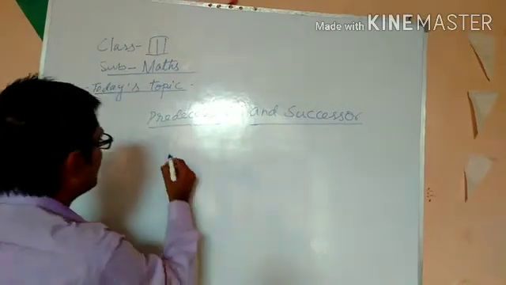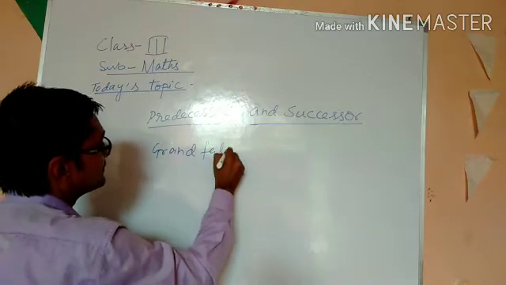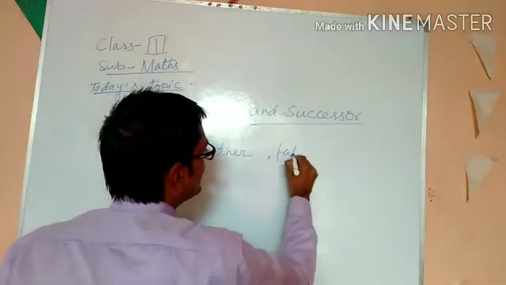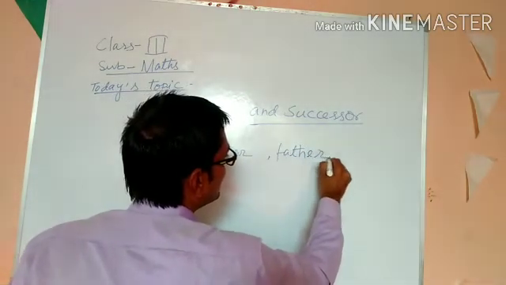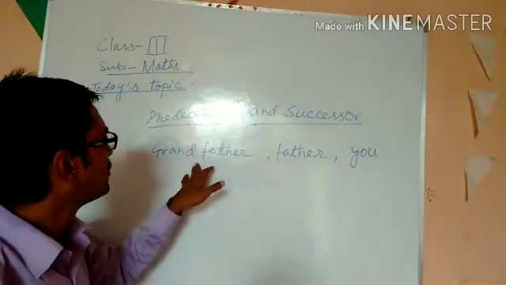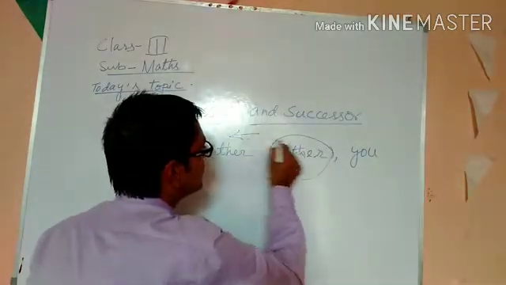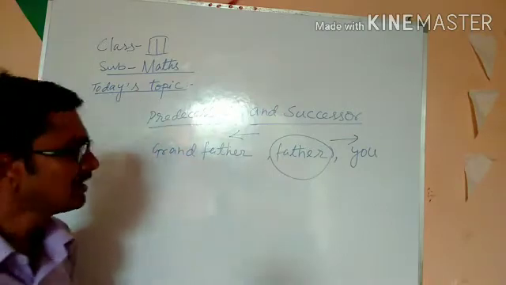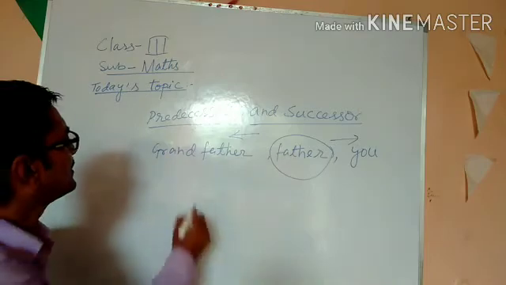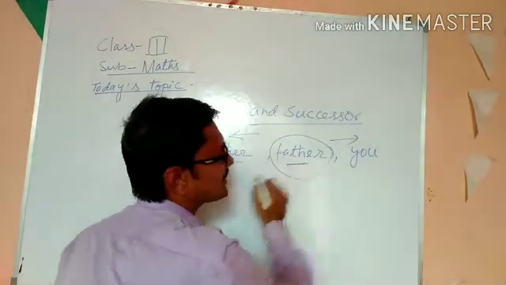Means if you put grandfather, now your father and you. Is it clear? Now if you take father in between these two, the father's predecessor is grandfather, and who is the successor of father?